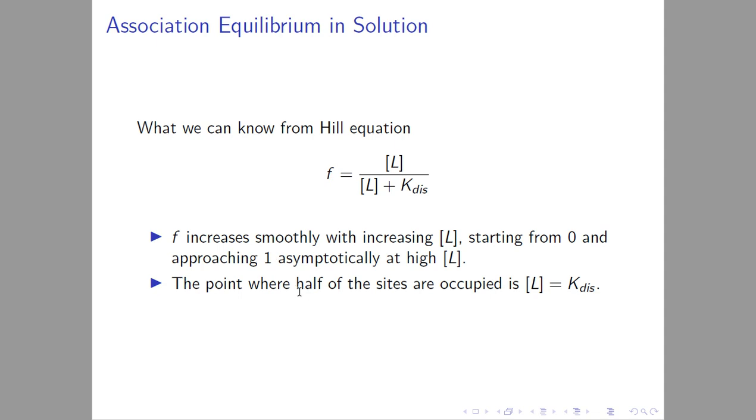The point where half of the sites are occupied is when L equals K dissociation. So we can find the K dissociation easily if we do the experiment.